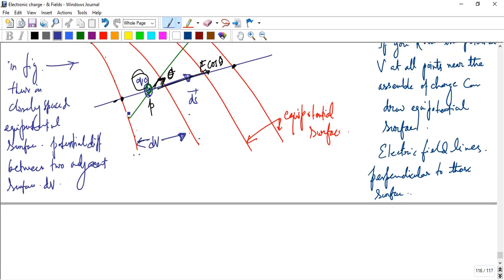Here the test charge moves through the displacement ds vector from one equipotential surface to another surface.